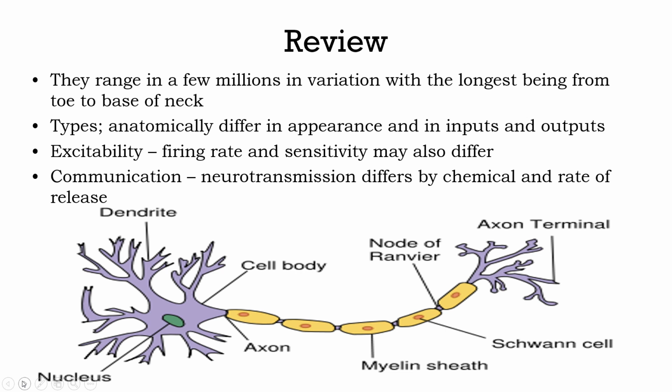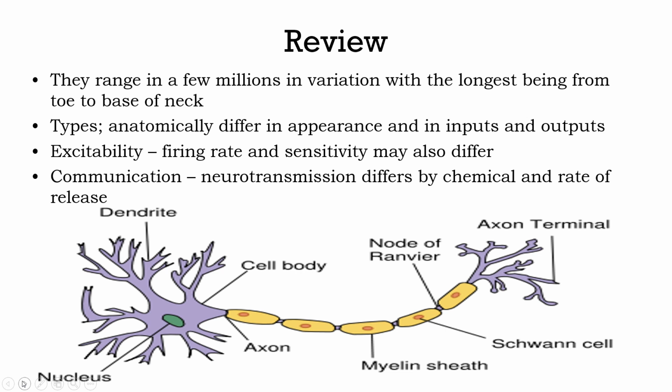They are mostly for communication, and they communicate using two methods. They can communicate through an anatomical linkage, where the depolarization of one neuron is passed on to the next one, and this is called electrical transmission.